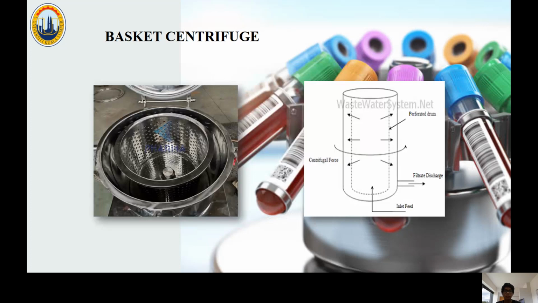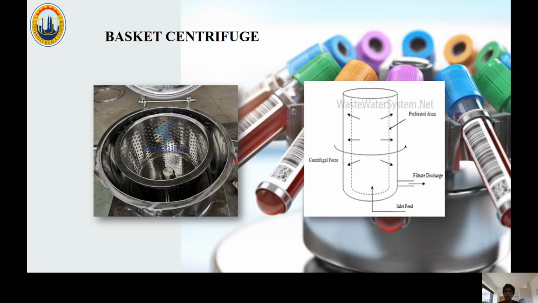This picture on the left side shows the inside of the basket centrifuge, in which we can see there are holes on the wall of the inside of the basket centrifuge. And the other picture shows the process inside the basket centrifuge.